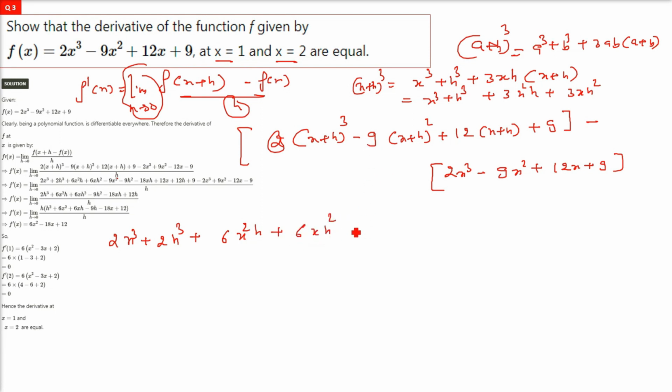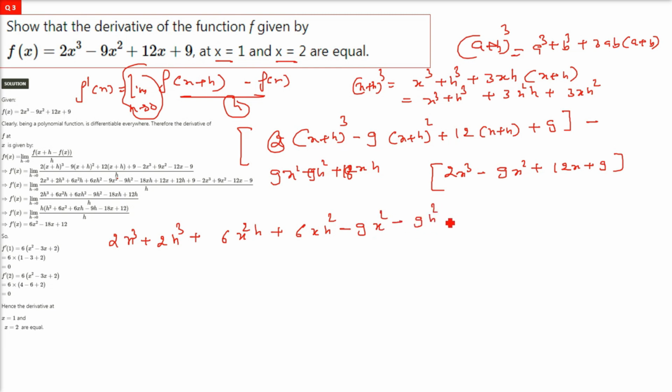Now we have 9 here. Let us open this (x plus h) whole square here first. So (a plus b) whole square will use a square plus b square plus 2ab, and 9 is already there outside, so 9x square plus 9h square, 9 into 2 is 18xh. Now since negative is there, so you can just change the sign and add it with the numerator.